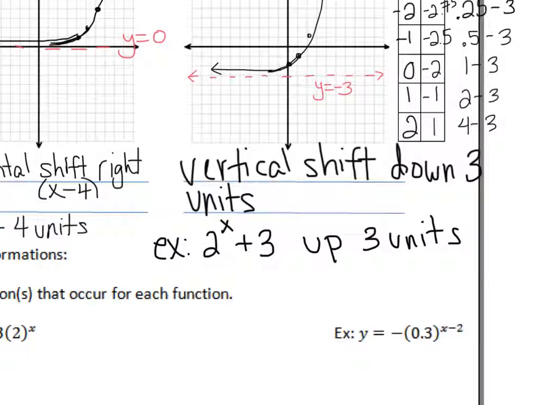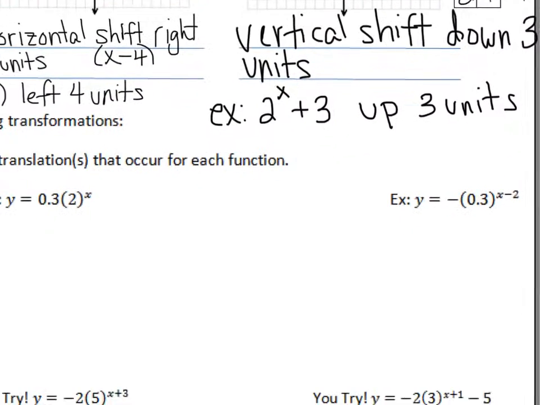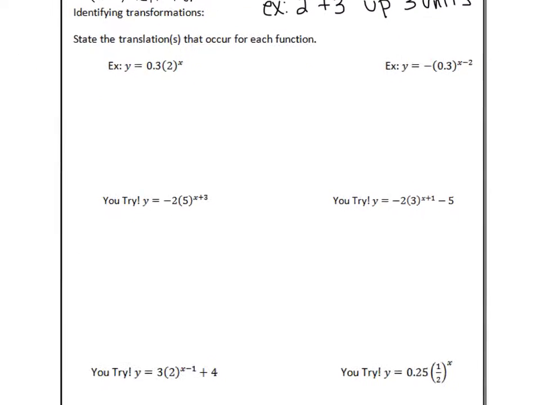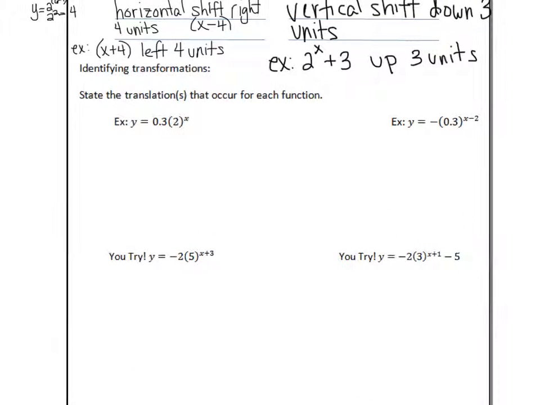Now you're not always going to be graphing them. Most of the time you're simply going to be labeling the original, or labeling the transformations, which is what we're looking at next. We're going to do 2 together here, and then you're going to try some on your own.